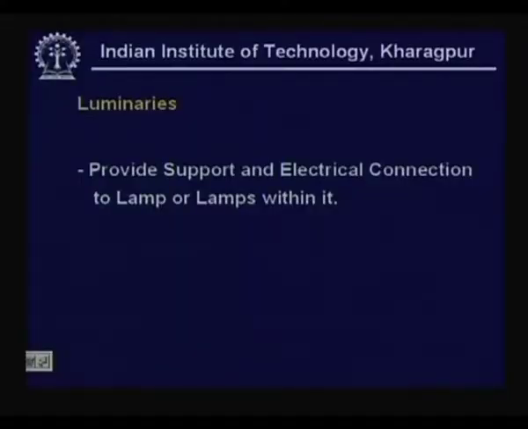So luminaires not only provide support, they also enable electrical connection to the lamp or lamps within it. That means it is a shade or a fixture which gives the physical support, okay?